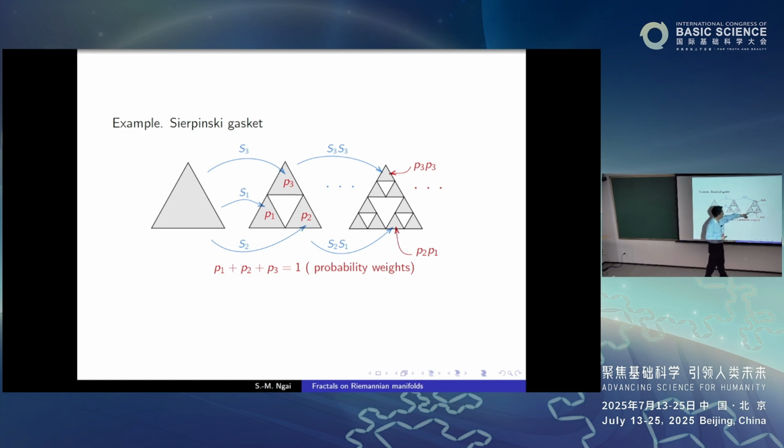The measure of this triangle, which is associated with S2 S1, is the weight p2 p1. This way you get a probability measure supported on the Sierpinski gasket.